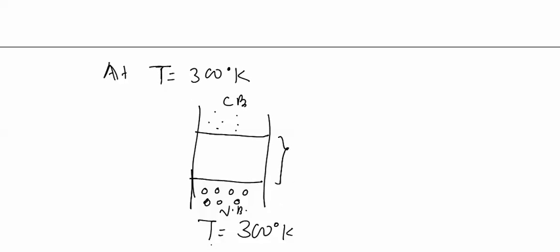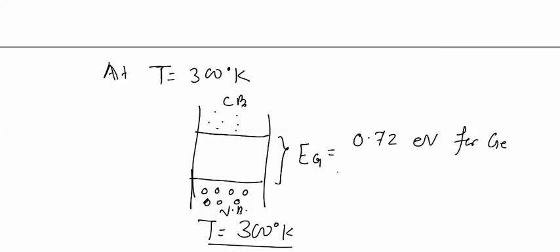At T equal to 300 degrees Kelvin, the forbidden energy band gap becomes around 0.72 electron volts in case of germanium, and 1.1 electron volts for silicon.